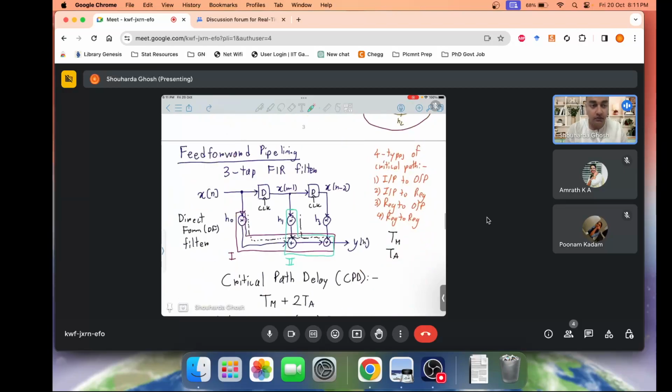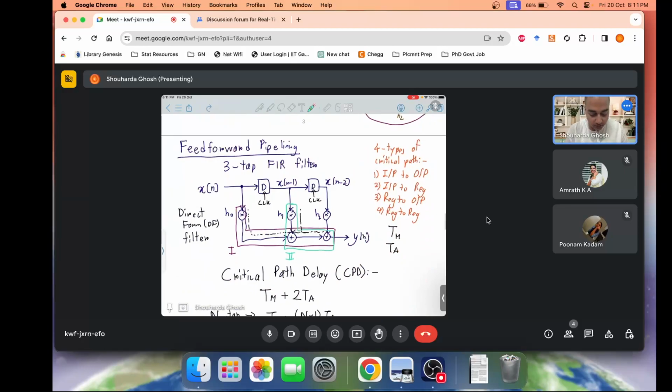Then we talked about feed forward pipelining, where we initially talked about 4 types of critical path. This is especially important when you might be given questions to solve regarding finding the critical path of a given circuit. You may be given a signal flow graph or a block diagram with a bunch of adders and multipliers, and you need to check the critical path.